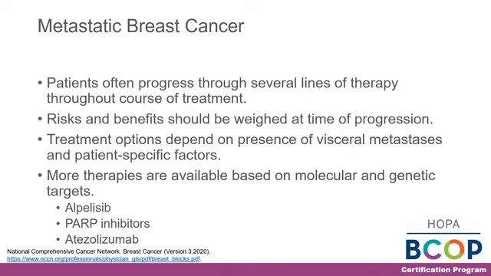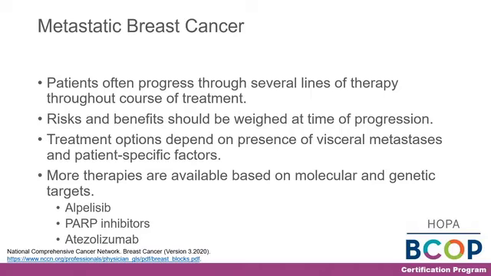We also have had, in the last few months, new drugs approved by the FDA. Fam-trastuzumab deruxtecan-nxki is one of those that can be used for HER2-positive metastatic breast cancer when a patient has gone through 2 lines or more of anti-HER2 therapy in the metastatic setting.